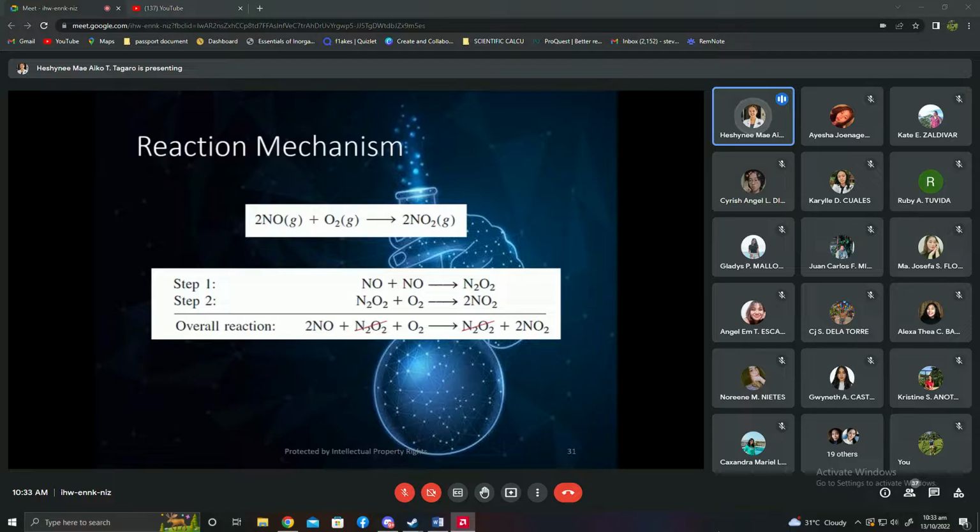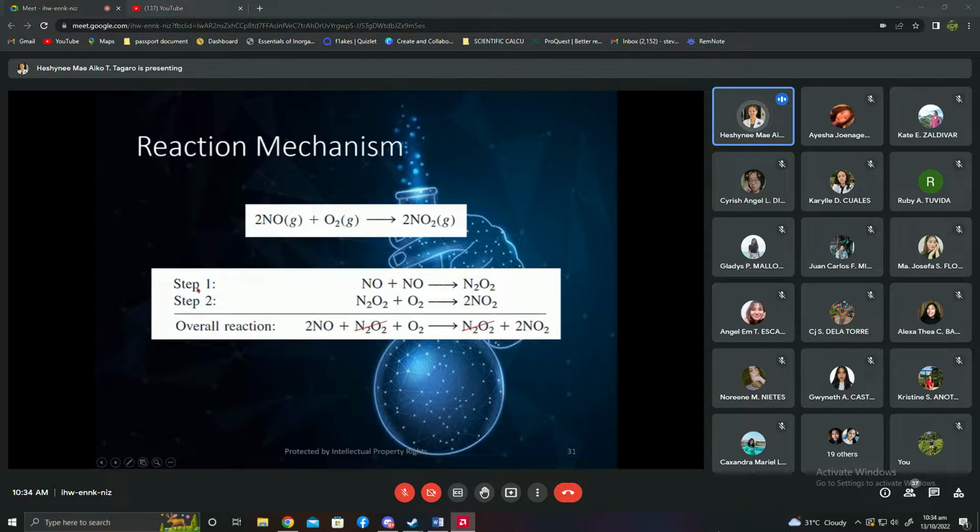The net chemical equation or the overall reaction here, which represents the overall change, is given by the sum of the elementary steps. Okay.